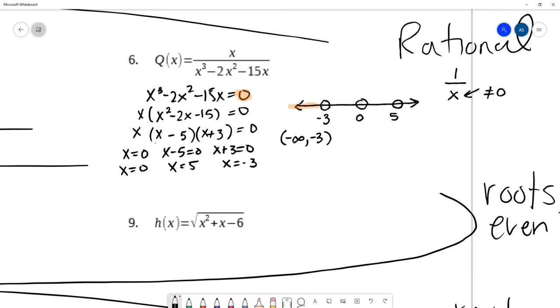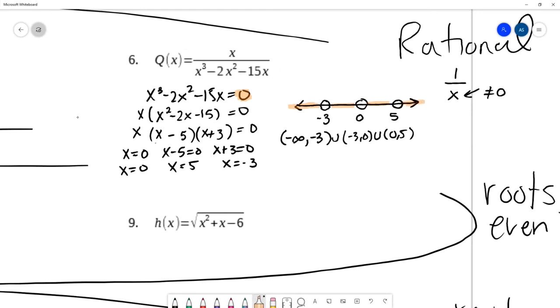We want to include all of these numbers between negative 3 and 0, so negative 3 to 0. We want to include these numbers in between 0 and 5, so we write the interval from 0 to 5.